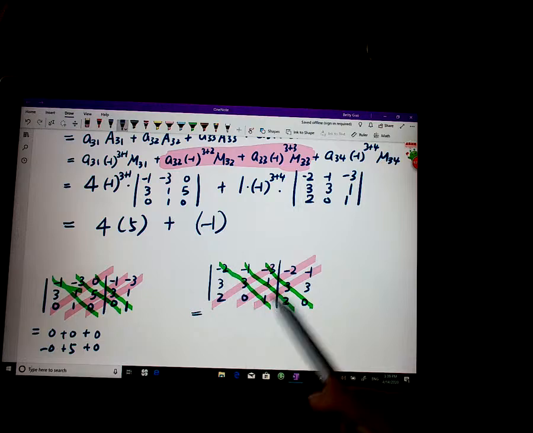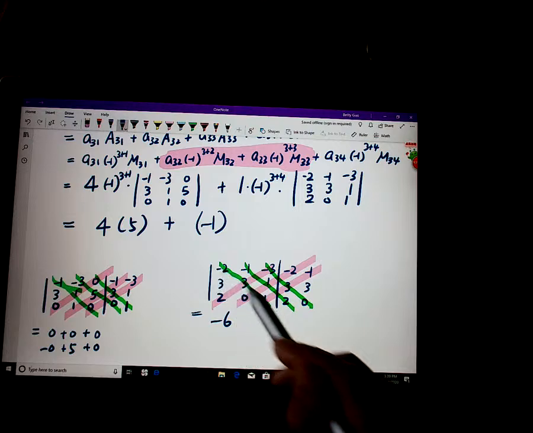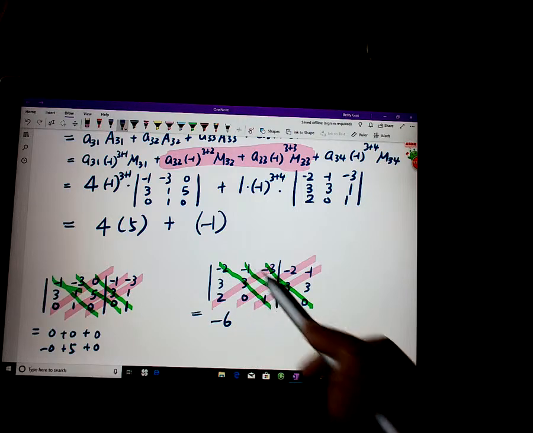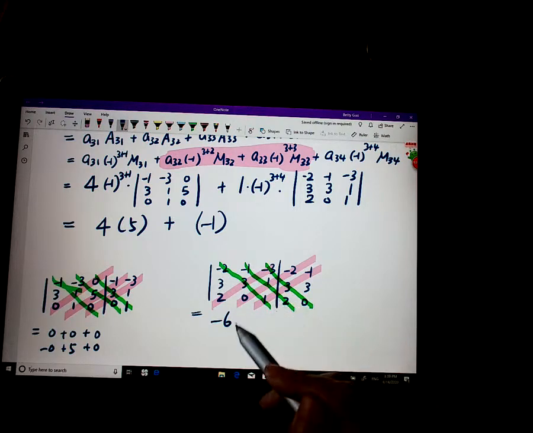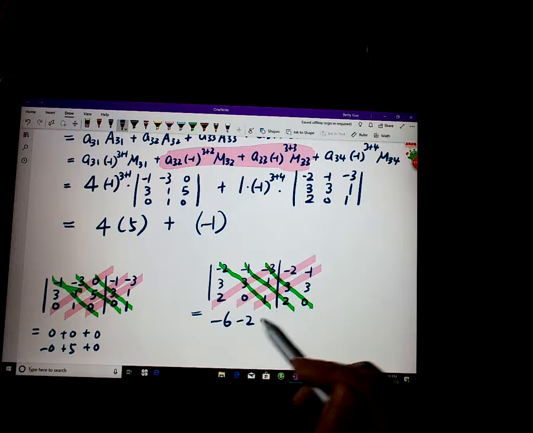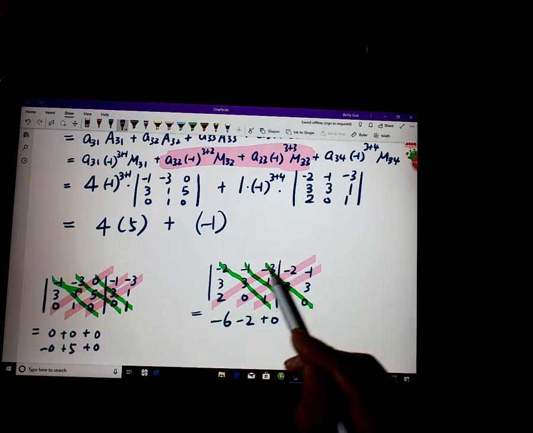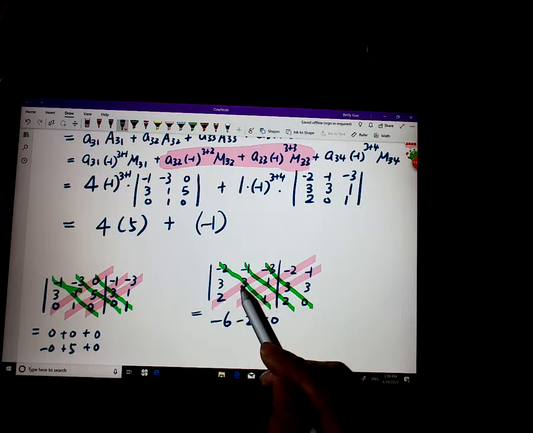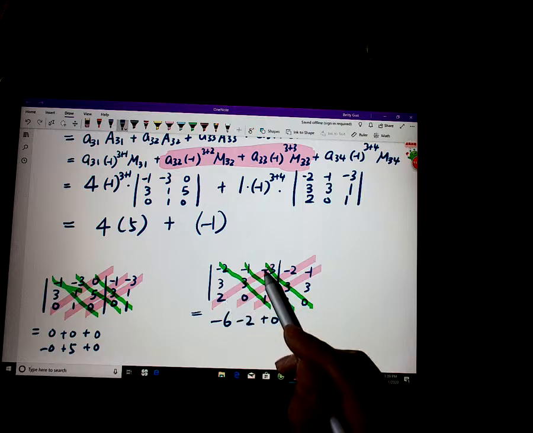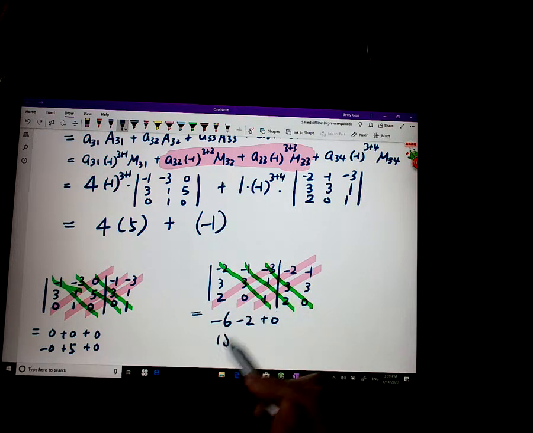For the green lines, we take the positive. So this one is -6. This one is -2. This is a 0. Pink line, this is -18, but we take the opposite, so positive 18. This is a 0.